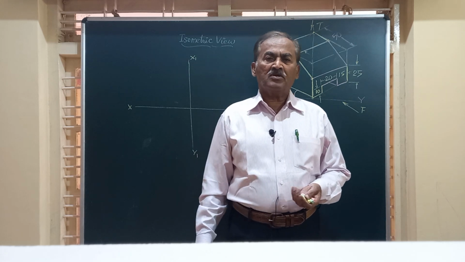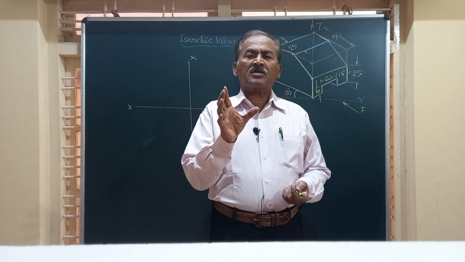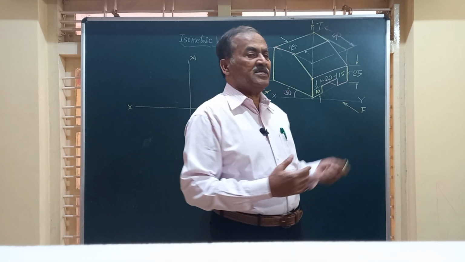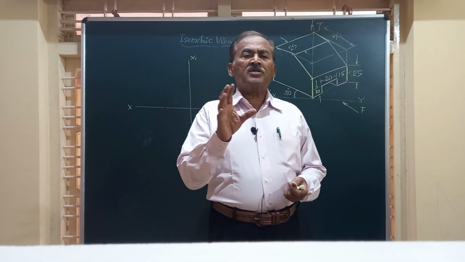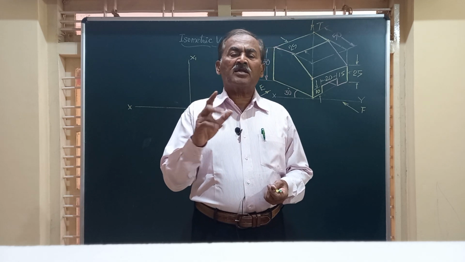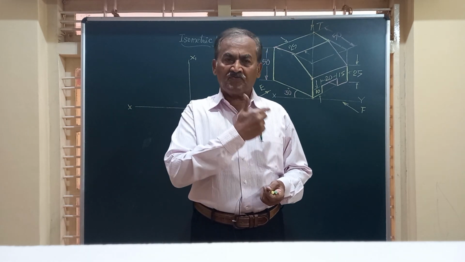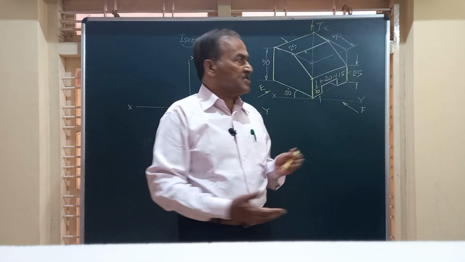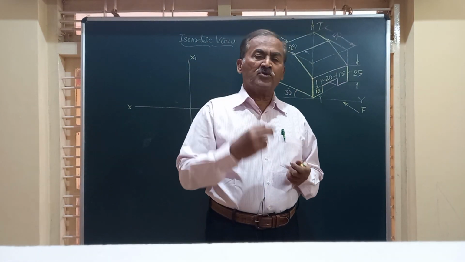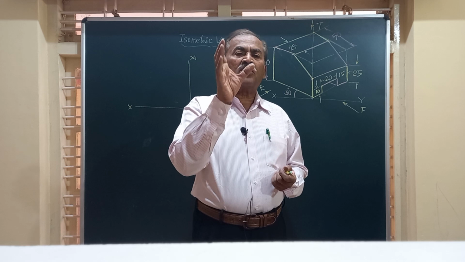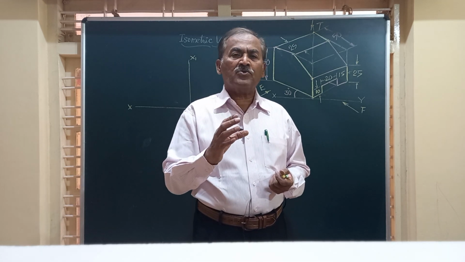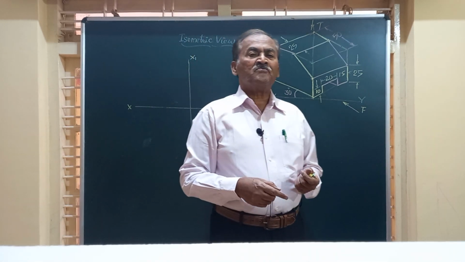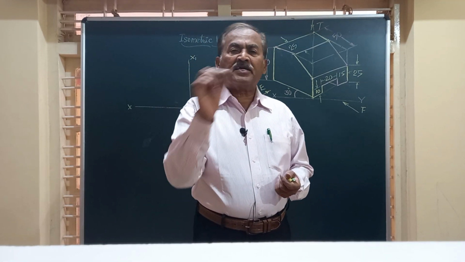Friends, given an object, say an object like this, if you are making an isometric projection of the same, that is, conversion of this 3D figure into a 2D figure, you have to be very careful.